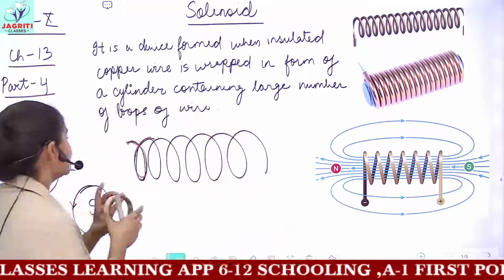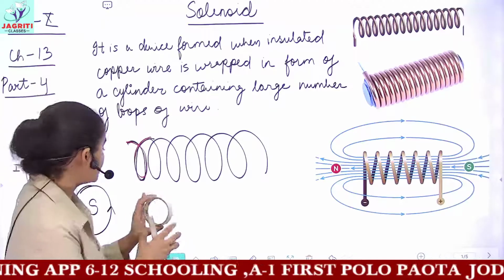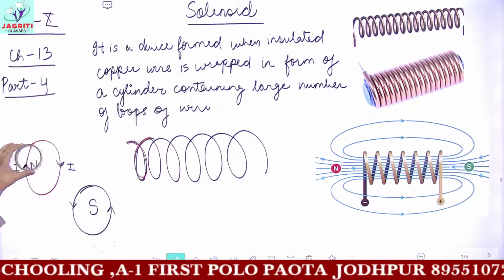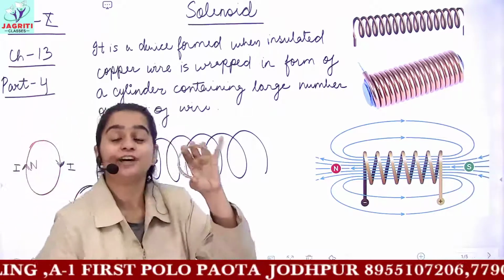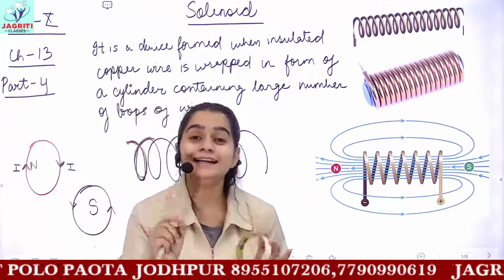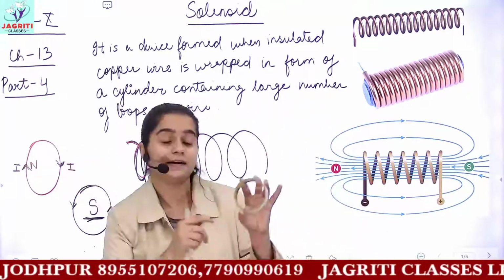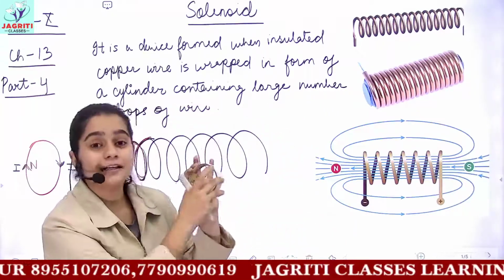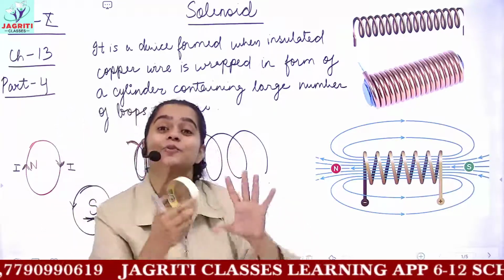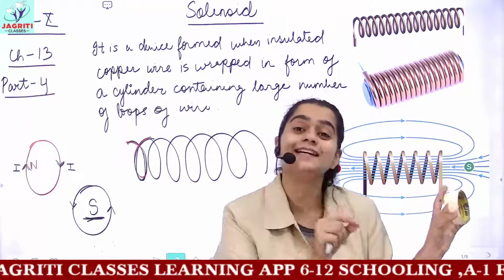Consider this as your circular loop, and apply the right hand thumb rule. If the direction of current is clockwise on the front side, then using the right hand thumb rule, the magnetic south pole would form here. At the back side of the loop the direction of current would be opposite, that is, anti-clockwise, forming a magnetic north pole.